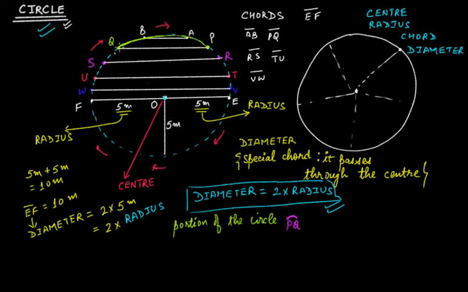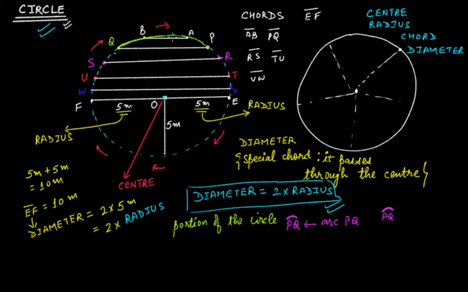Between P and Q, the portion of the circle will be called arc PQ. The way to represent this arc is using this symbol, an arc, that is the portion of a circle, and then write the 2 points that are forming that particular arc.